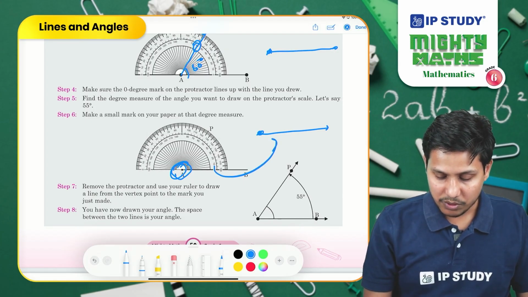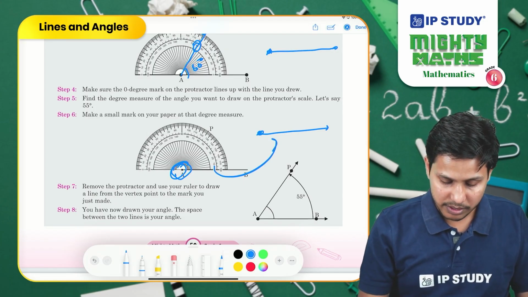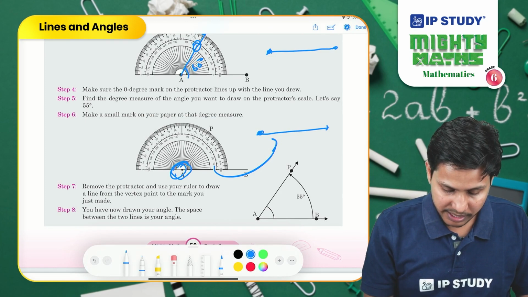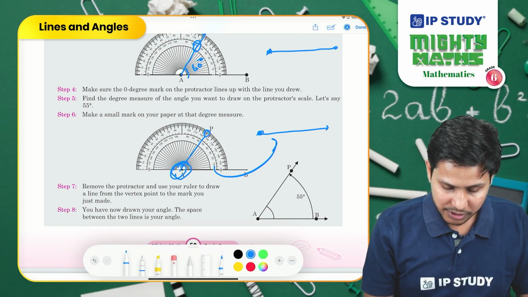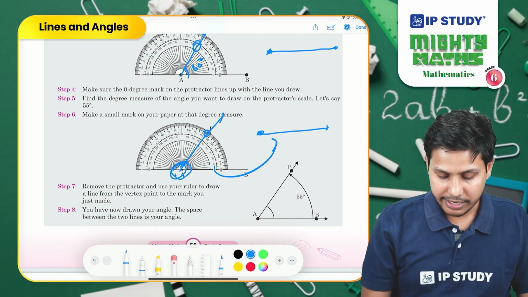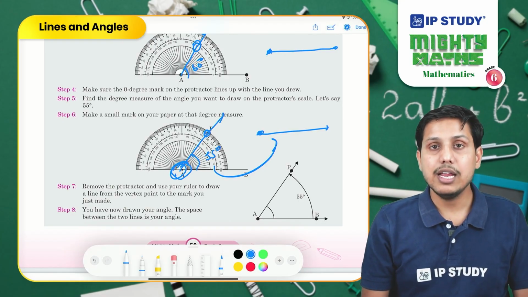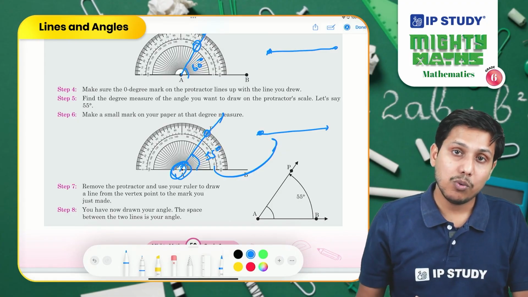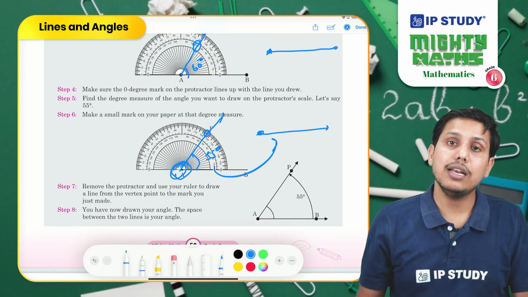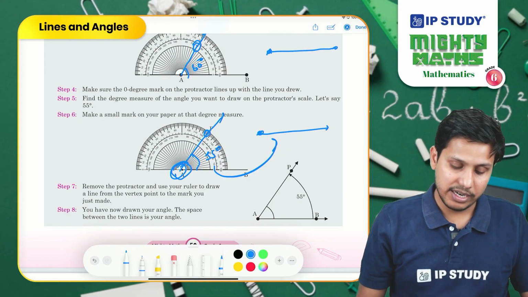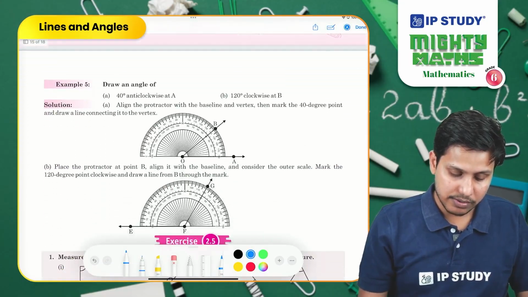Now to draw this, we'll see where 55 degrees lies. So 55 degrees is here. We draw a line joining this point, and it will give us an angle of 55 degrees. It is quite easy and quite similar to how we measured an angle. So this is what we have seen.